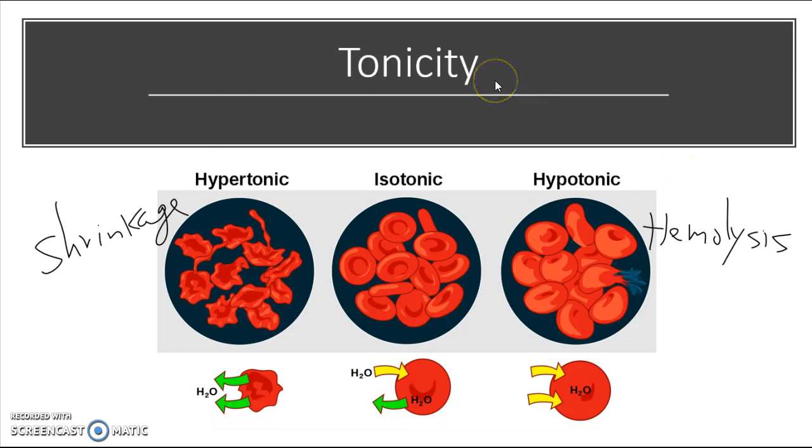But also we have another thing that is important in solutions, which is tonicity. In this case, we are going to speak about the tonicity of a solution related to a red cell. In a red cell, the concentration of sodium chloride is 0.9% and the concentration of glucose is 5%.